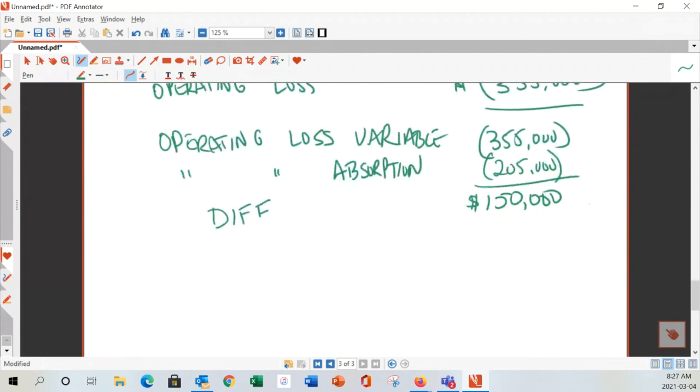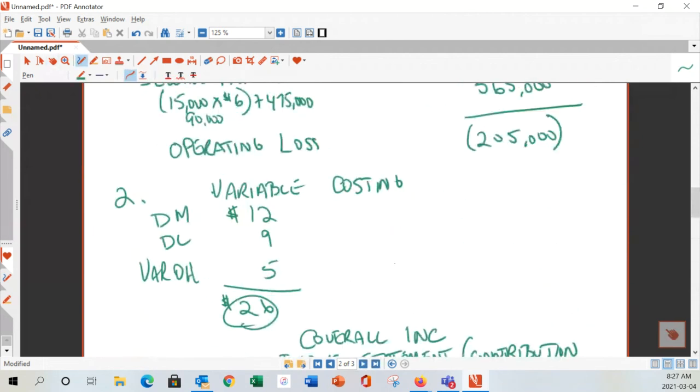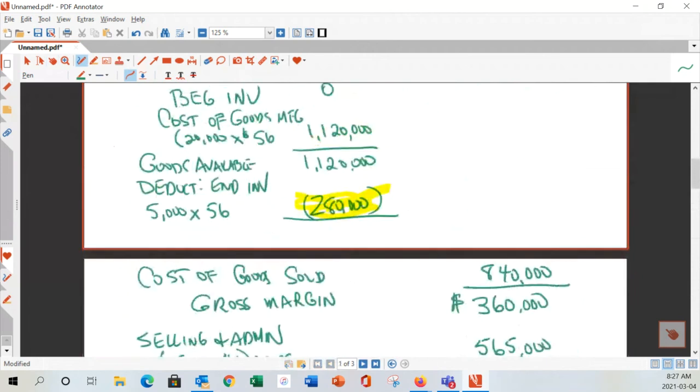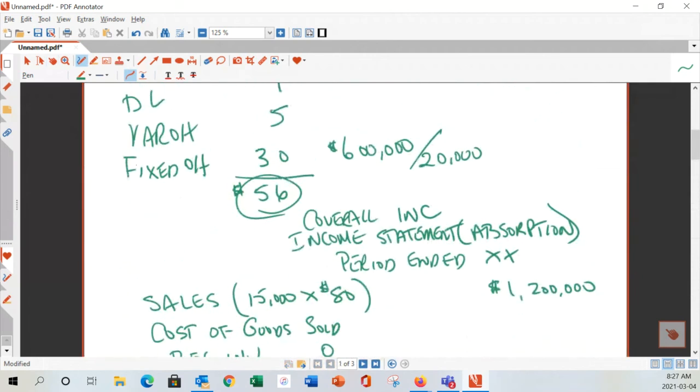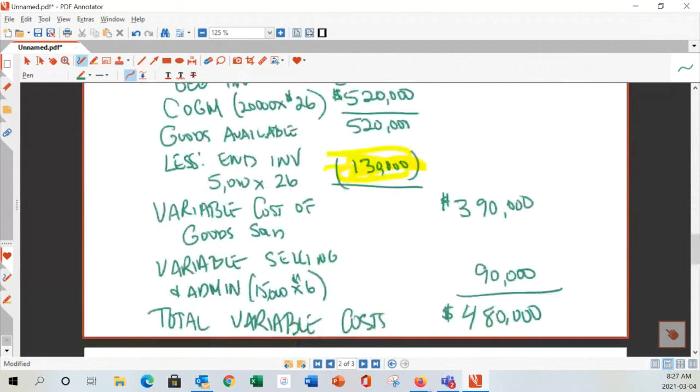And then how do we explain this difference? Well, we look at our ending inventory. We have 5,000 units. And we need the fixed cost per unit, the fixed overhead cost per unit, the $30 is what we need here.